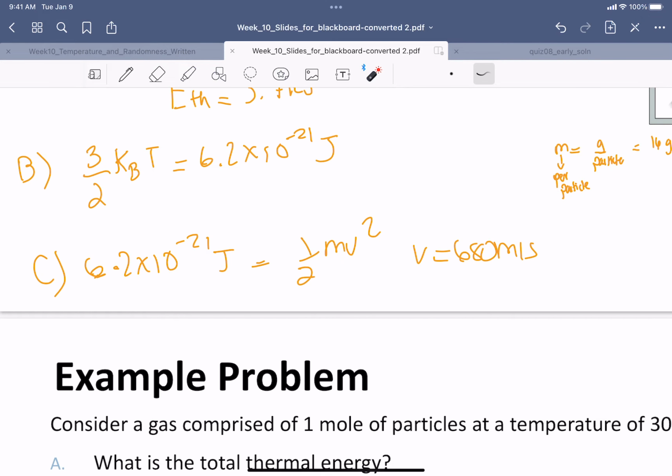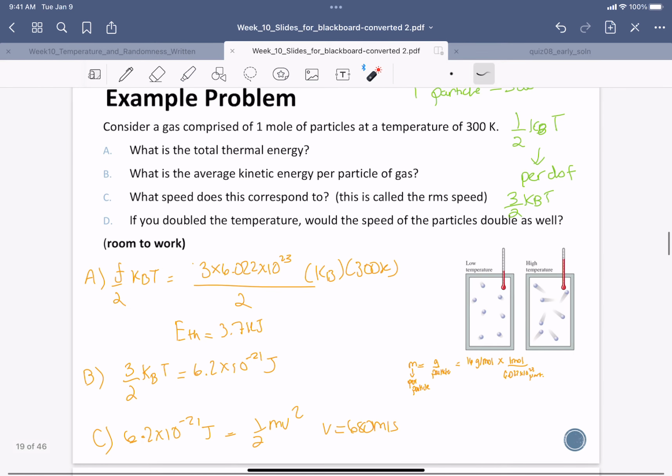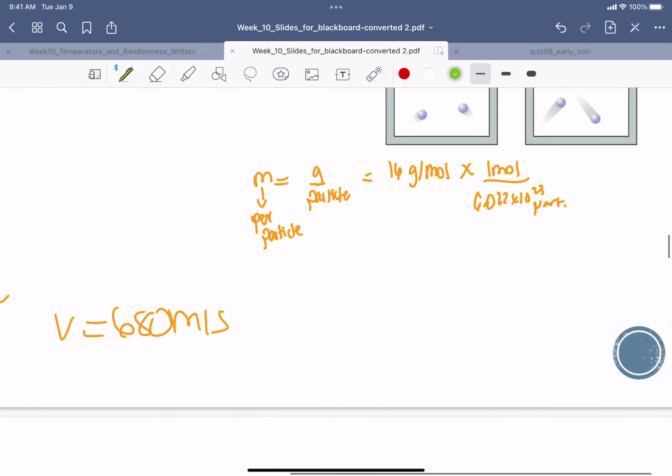So the mass here should be per particle, because we were looking for the average kinetic energy per particle. So when we're looking for speed, we're looking for the speed of each particle. If I had this as 16 grams per mole, I know that 1 mole is Avogadro's number of particles.